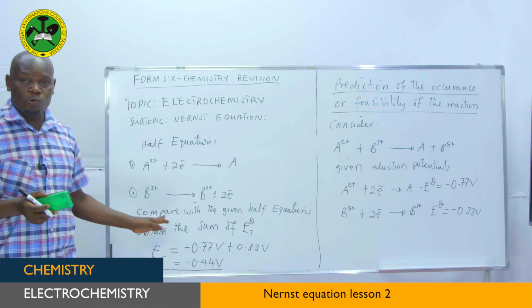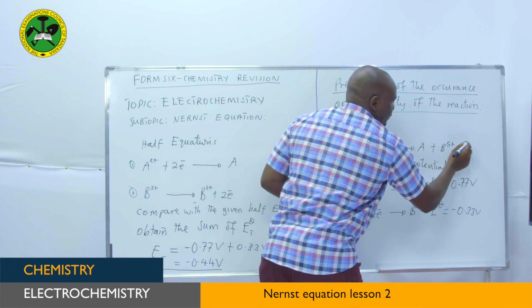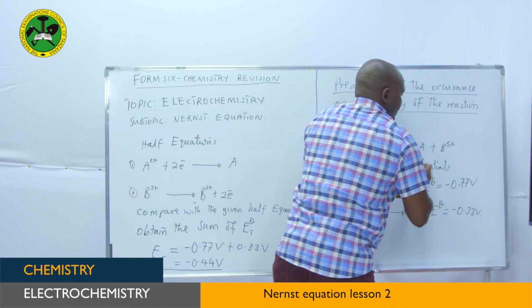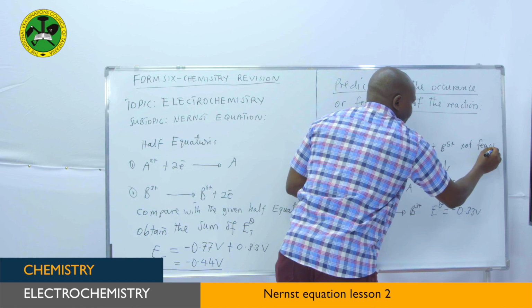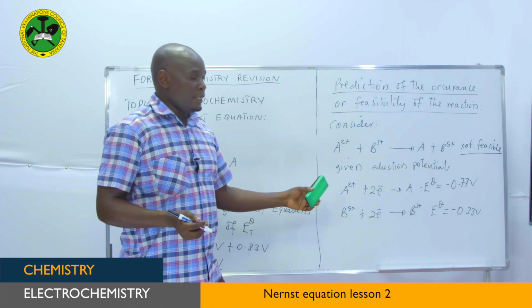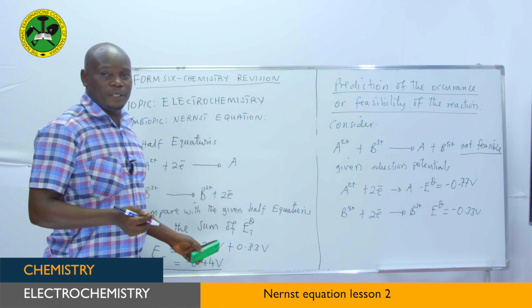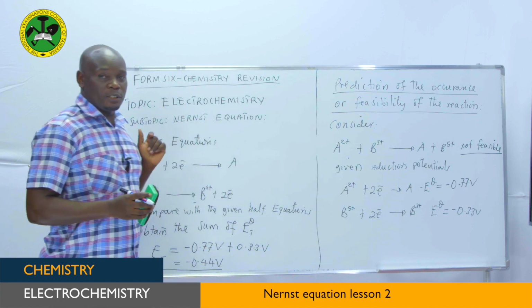From there we can conclude for our equation that this reaction is not feasible. So you have used your standard electrode potential to decide if the reaction will occur or will not occur.